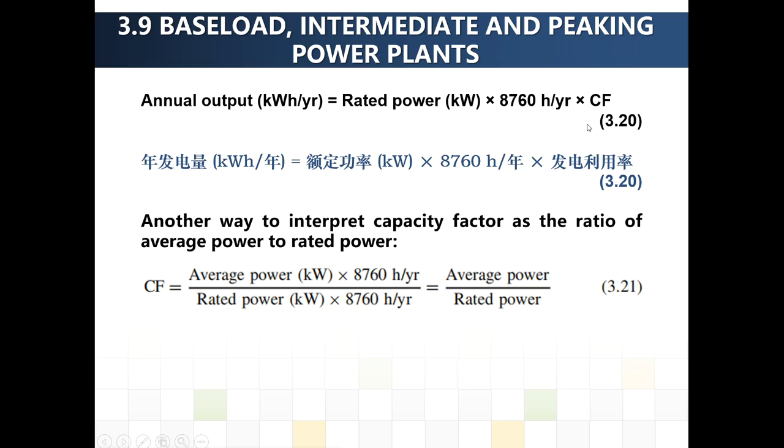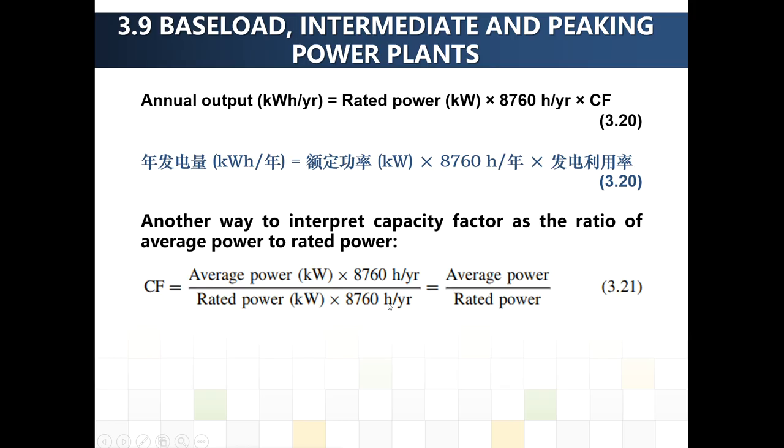Therefore, the capacity factor is equal to the average power in kilowatt hours multiplied by 8,760, divided by the rated power multiplied by 8,760. So it's equal to the average power divided by the rated power.